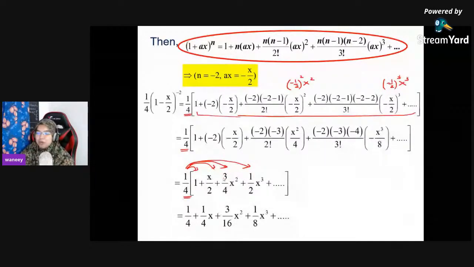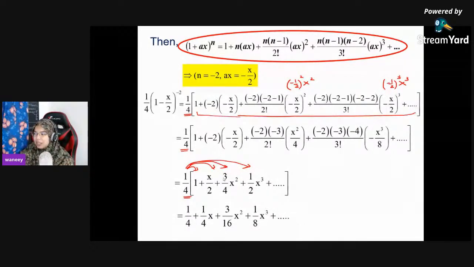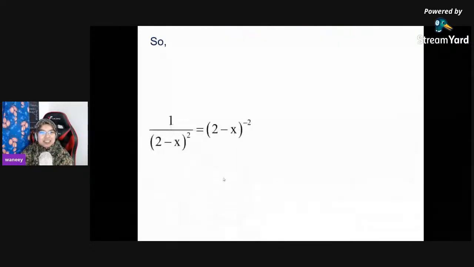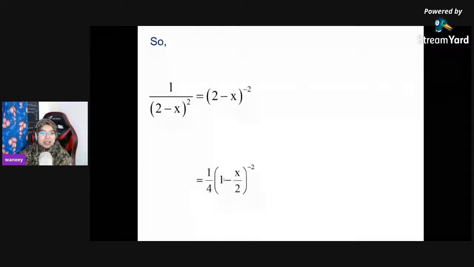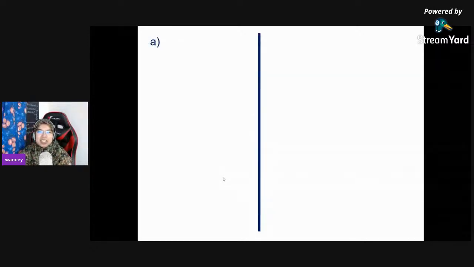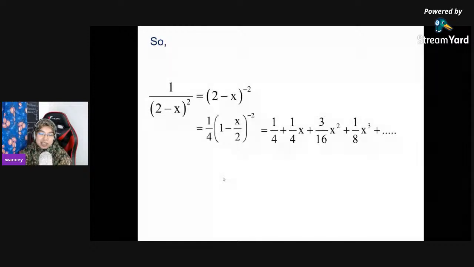So you are going to get 1 over 4 plus 1 over 4x plus 3 over 16x squared plus 1 over 8x cubed. Okay, done. So this is actually how you want to write down your answer. So this is our final answer.